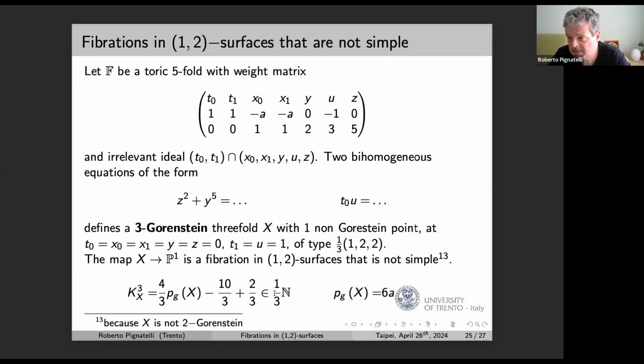So at least I had to put PG bigger than 7, to remove the cases where such a genus 2 fibration does not exist. And maybe here it could be true for PG bigger than or equal to 5.